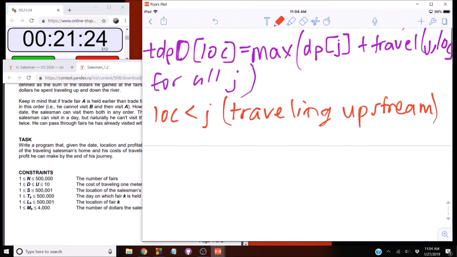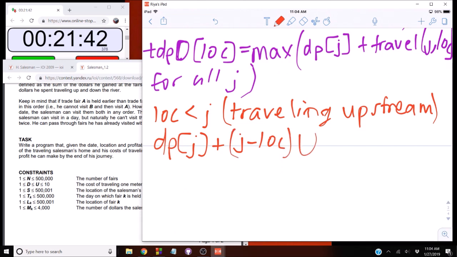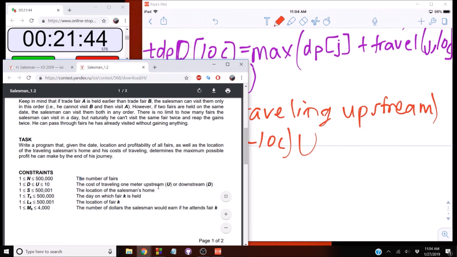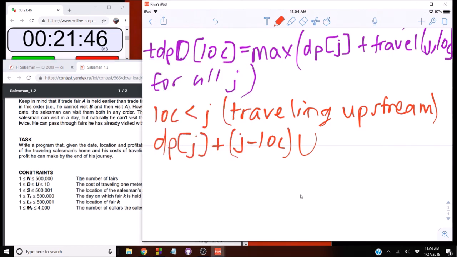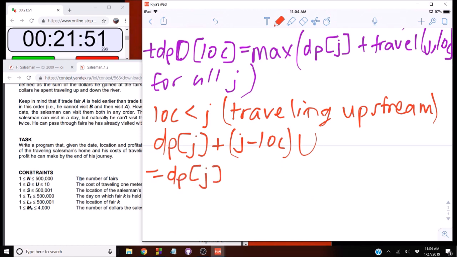Then this formula would look like DP[j] plus the travel from j to lock, which would be (j minus lock) times u. U is the cost of traveling upstream, I believe. Yes. Which equals DP[j] plus u times j minus u times lock.